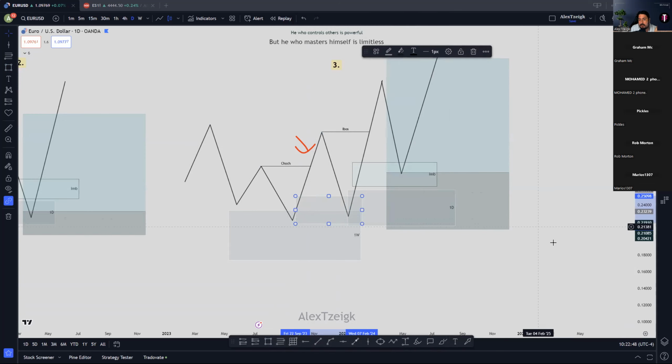What is a demand chain? A demand chain shows us that demand, or supply of course, this is an example for longs. You will also imagine that this will happen for the other side, and this could be a supply zone.